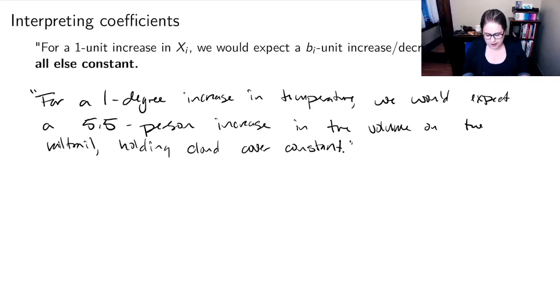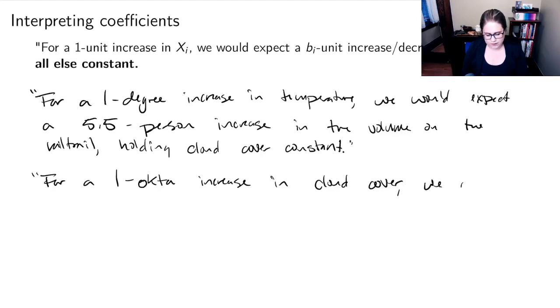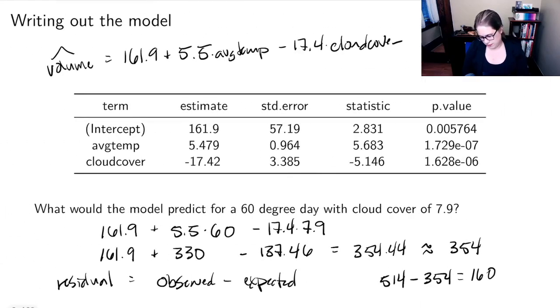And I could do the same kind of thing for the cloud cover coefficient. For a 1 octa increase in cloud cover, we would expect, and again I need to flip back and look at the coefficient, it was negative 17.42.